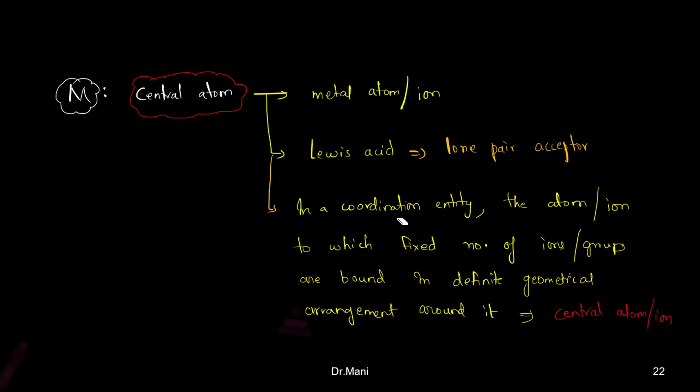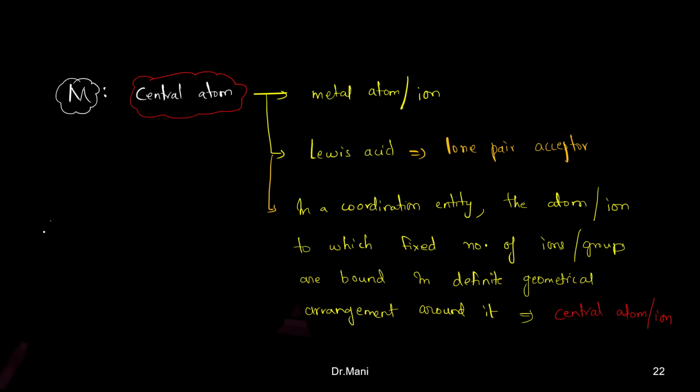Central atom means, if you take a coordination entity, the atom or ion to which a fixed number of ions or groups are bound. Here the fixed number of ions or groups means they are ligands, and they are bound in a definite geometrical arrangement. First, suppose let's take an example.